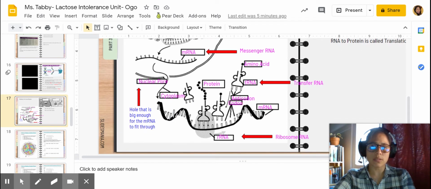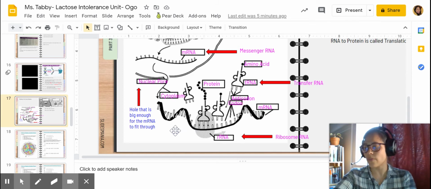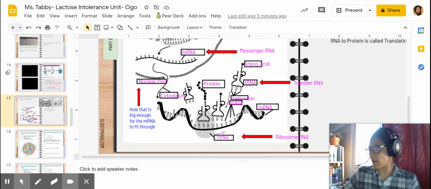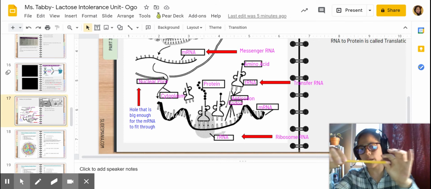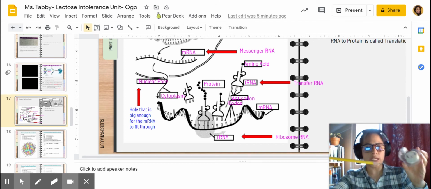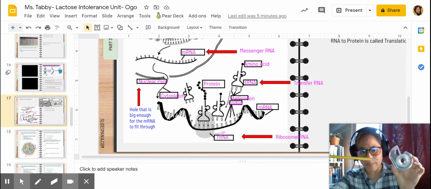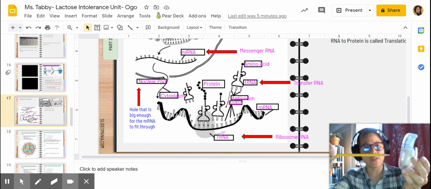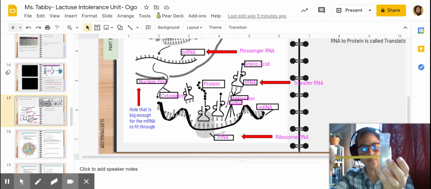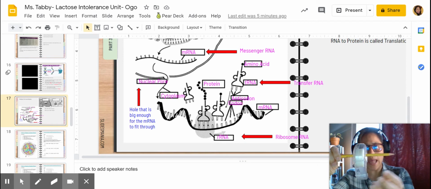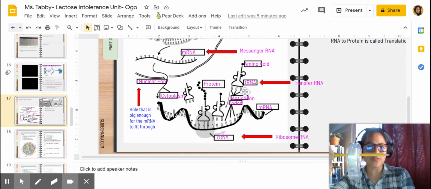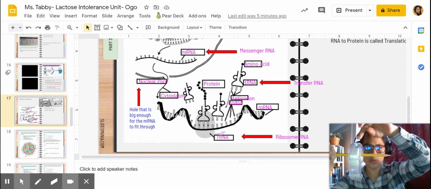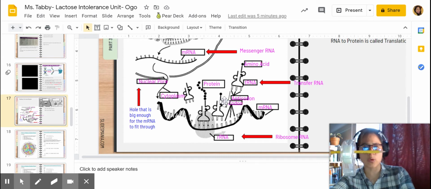And where that mRNA is in the cytoplasm, if you remember, yesterday I used a pencil to represent the mRNA, and then I used the tape as ribosomal RNA, or rRNA, and that was that little object that kind of works as a tool and goes through the mRNA, giving the tRNA, the transfer RNA, something to attach to so that it could create the proteins coming out of it.